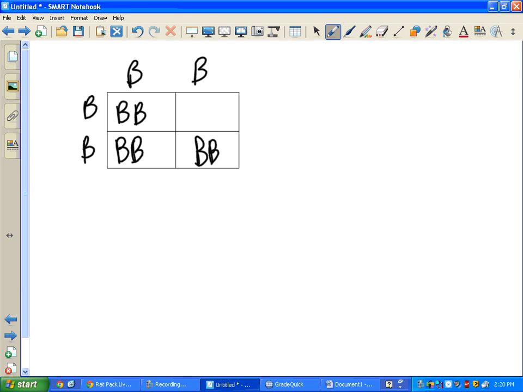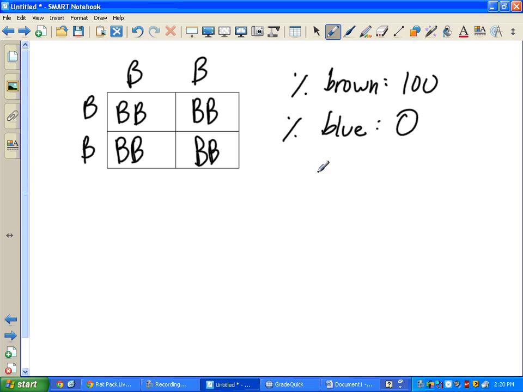So that's the only alleles they can give away. So if I wanted to write percent of brown eyes here, it would be 100. I have 100% brown-eyed kids. If I want to do percent blue, 0, right? I don't have any blue-eyed kids here. In order to be blue, you have to be little b, little b. So that'd be 0.